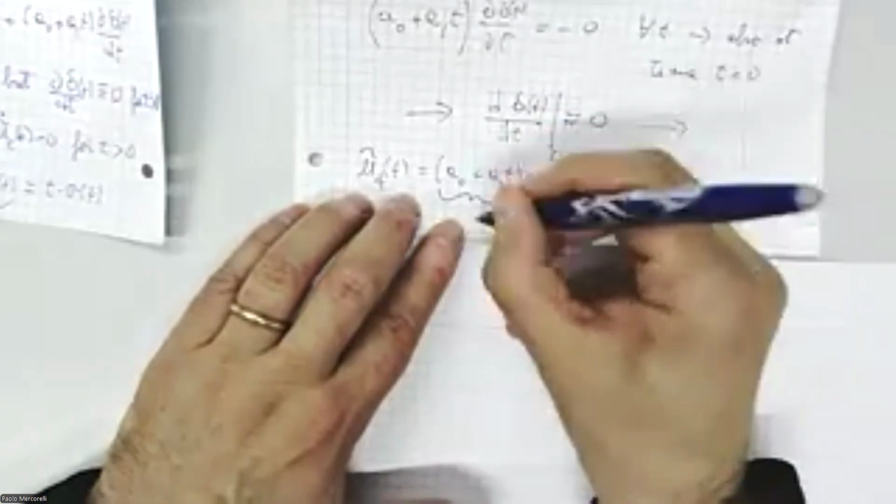According to what I told you until now, this again remains as f of t.